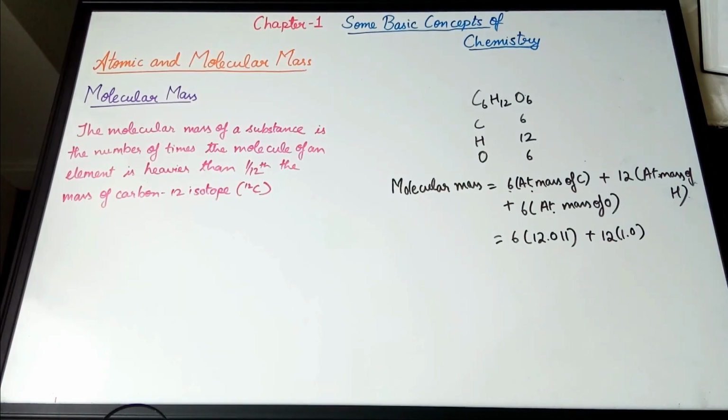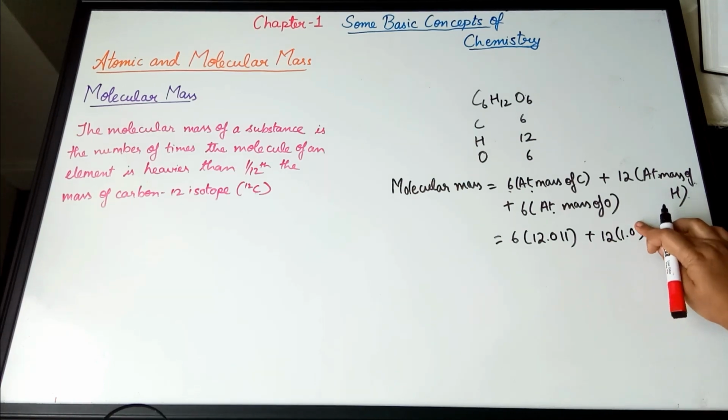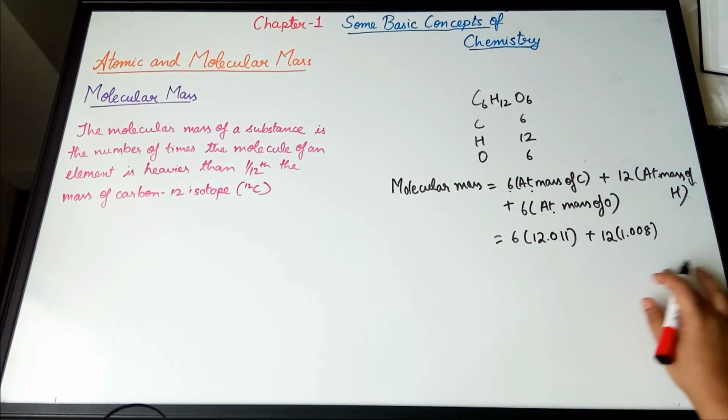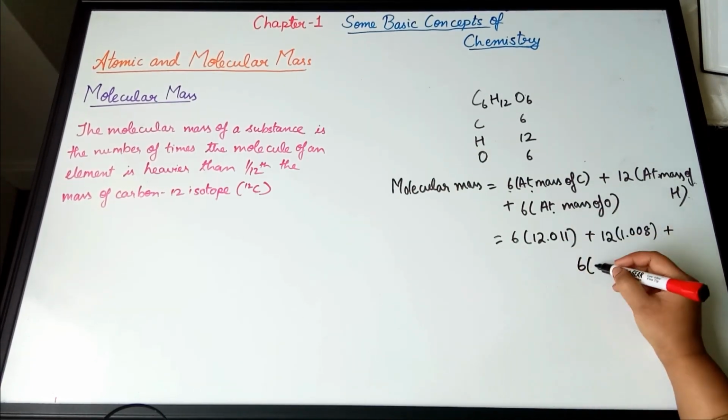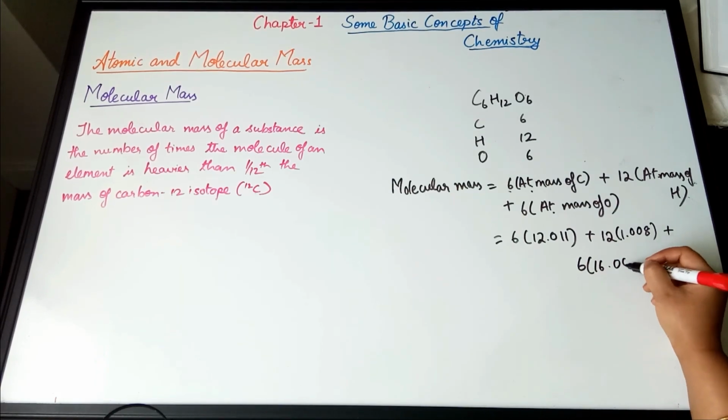It depends. If you're asked to go up to 4 decimal points, then you have to write 1.008, or you can just write it as 1.0. For this case, we will be writing the whole thing. 1.008 plus 6 into atomic mass of oxygen, 16.00.